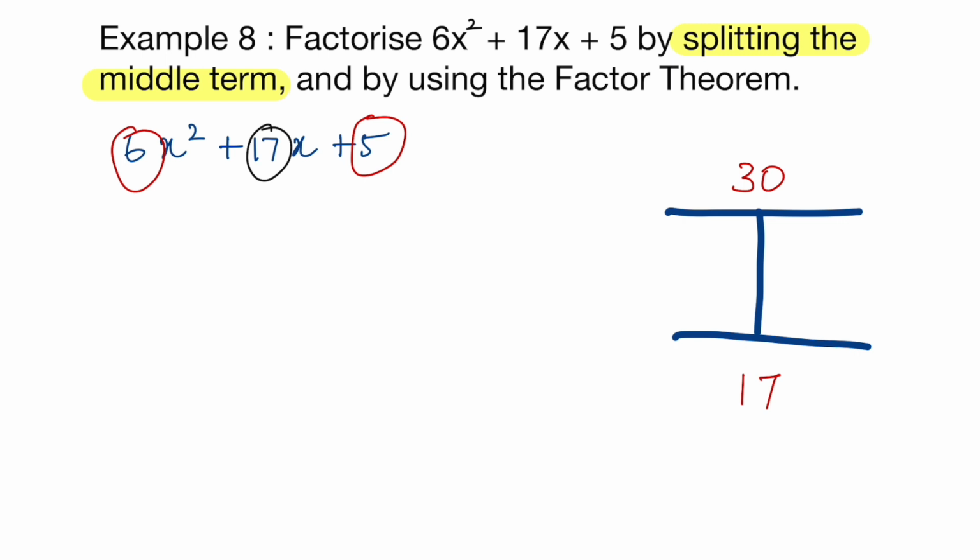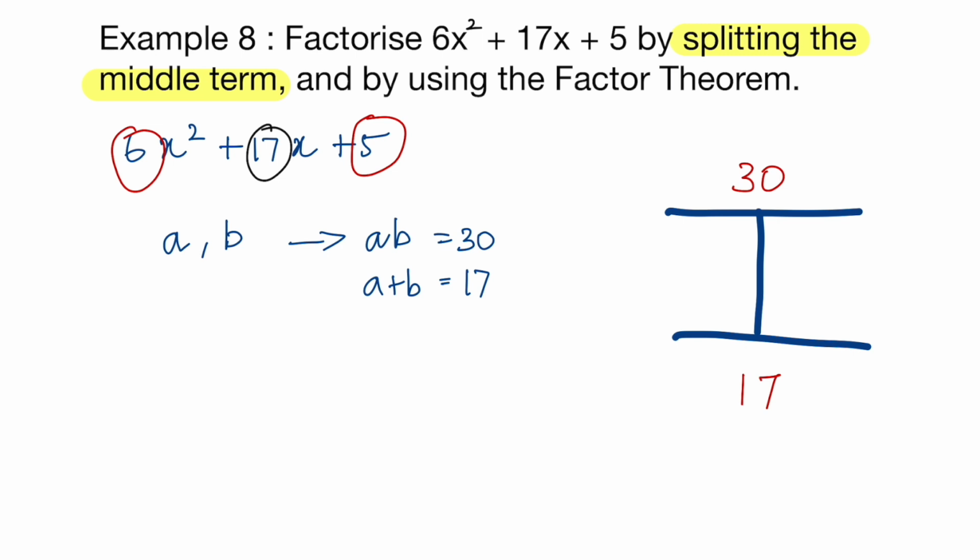Let us take this really slow. It's a very simple method. We are going to find two numbers a and b, where a times b should be 30 and a plus b should be 17. You are going to do that by trial and error.